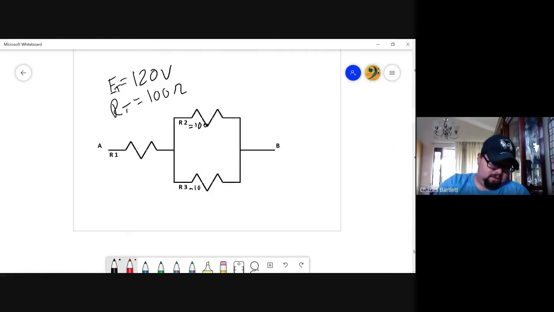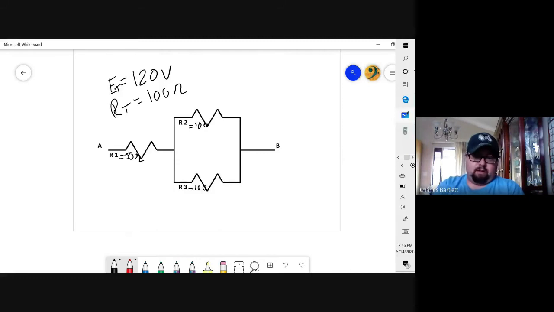So often these questions will ask us to expand back out and ask us about certain points in the circuit. So it may ask us, what is I2?